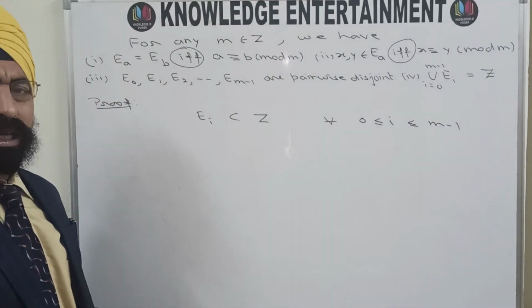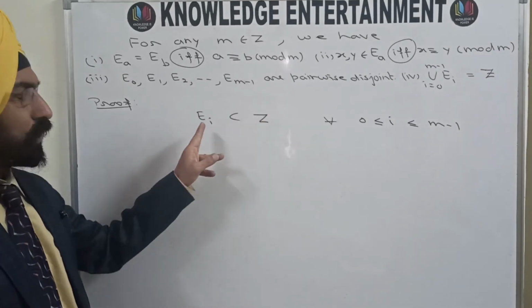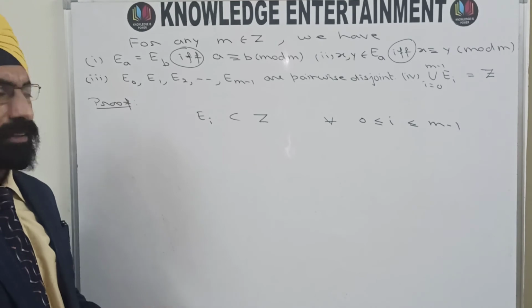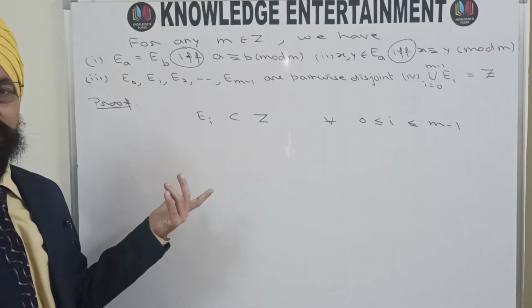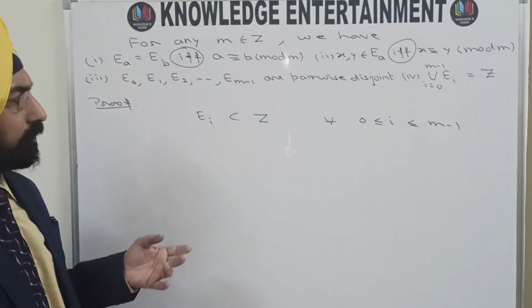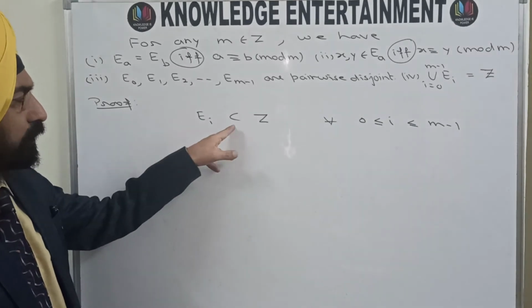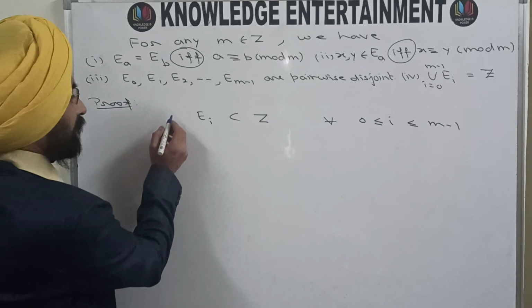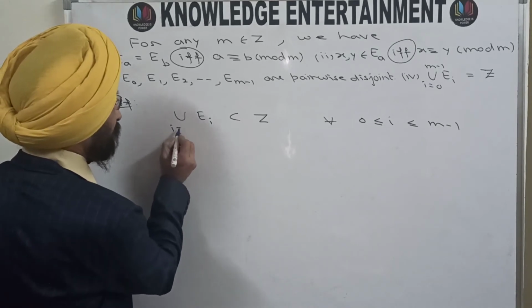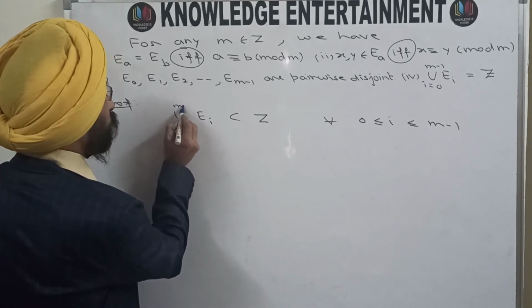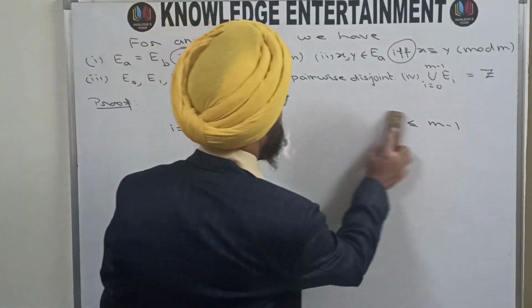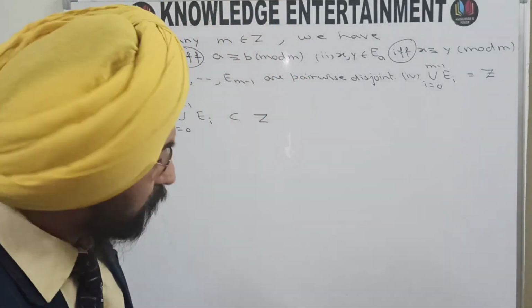What we have to show is that Z is also a subset of the union, and then they will be equal. But before going to that, every Ei is a subset of Z. So definitely their union is also a subset of Z. If each Ei is a subset of Z, their union must also be a subset of Z.